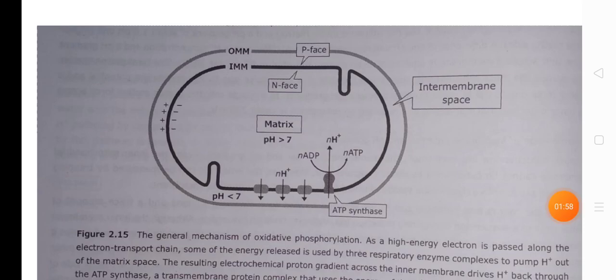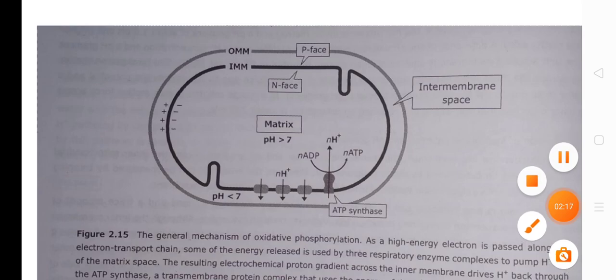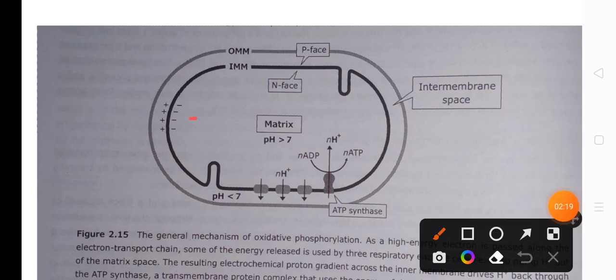The idea is that during the electron transport chain, as we have discussed, there is a release of energy, right? The free energy that is released is used to drive an active transport system, and this active transport is the transfer of protons from the matrix to the inner membrane space.